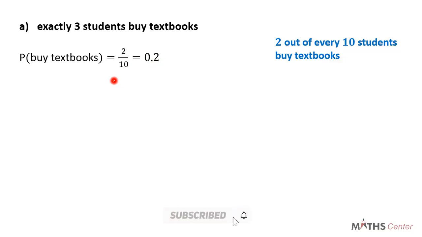The probability that a student buys textbooks and the probability that a student does not buy textbooks are opposite to each other. And so if we have the probability that a student buys textbooks, we can find the probability that a student does not buy textbooks, because we know that the probability that an event will happen plus the probability of the opposite of that event will be equal to 1.